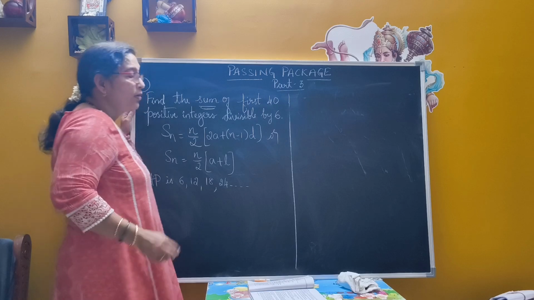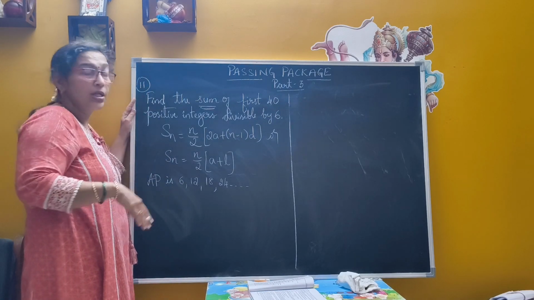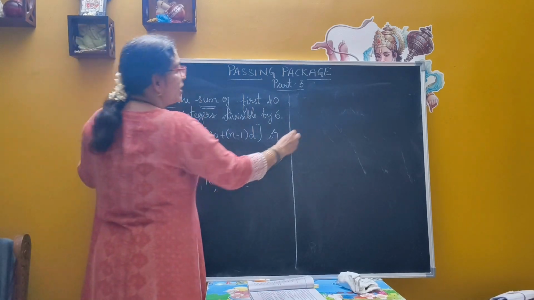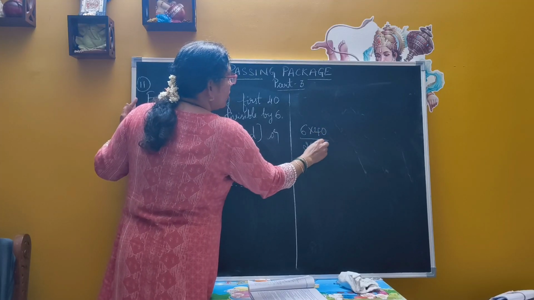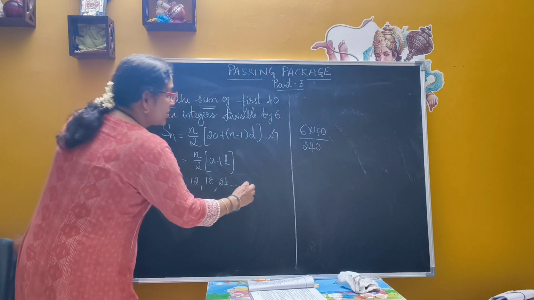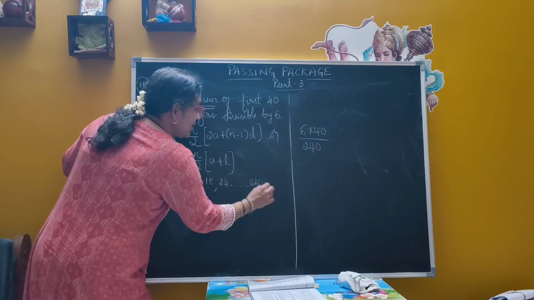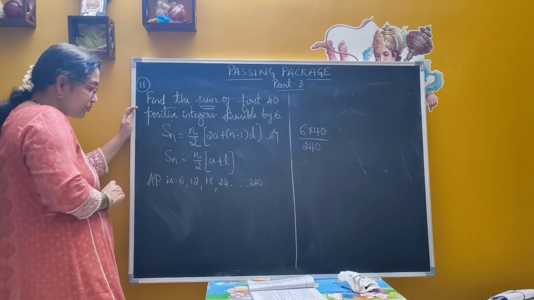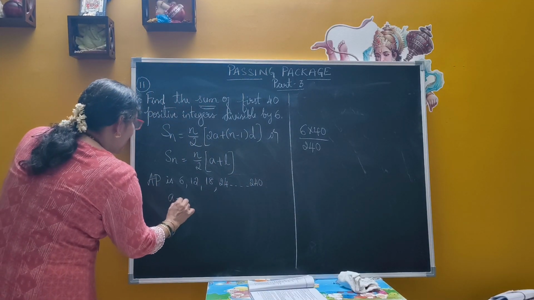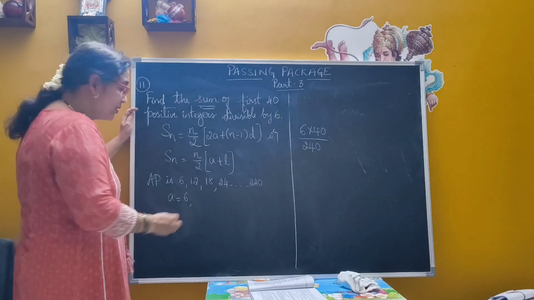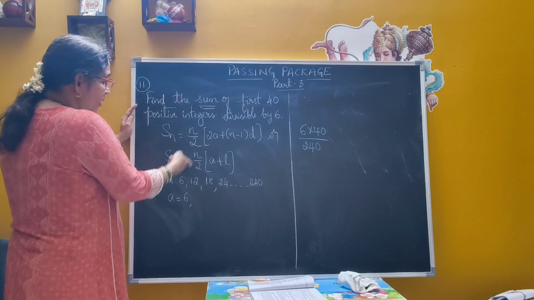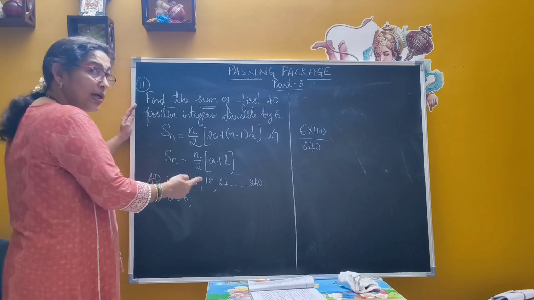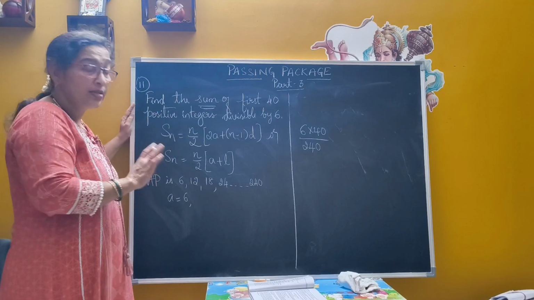First 40 terms, so 6 into 40, how much do we get? 6 4s are 24, so 240. So the last term is 240. l is the last term. What is a? a is 6. What is d? 12 minus 6 or 18 minus 12. Since these are multiples of 6, the common difference is 6 only.